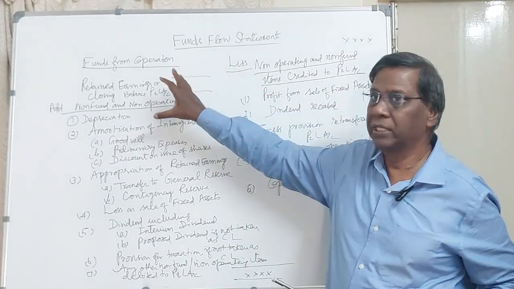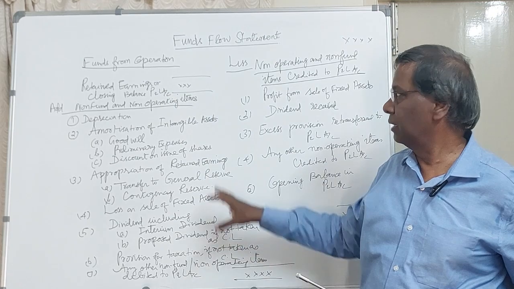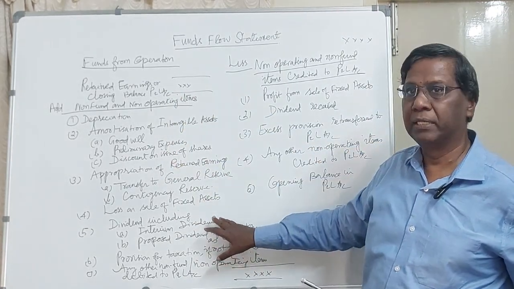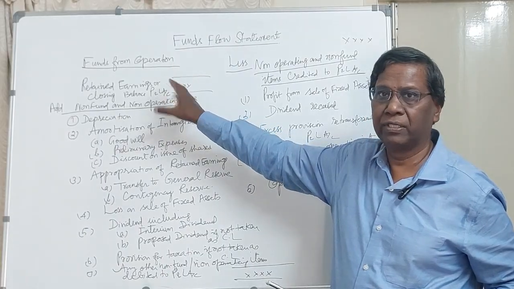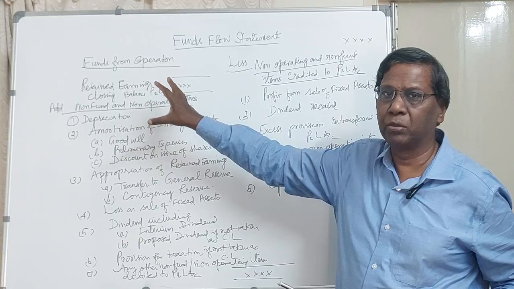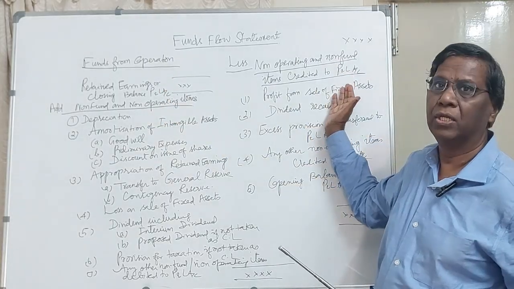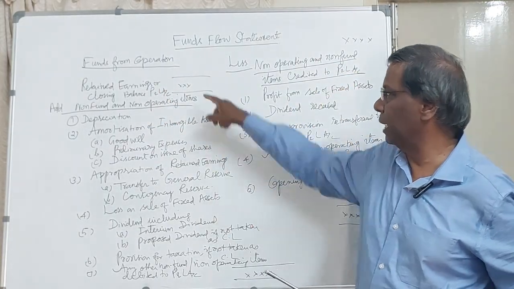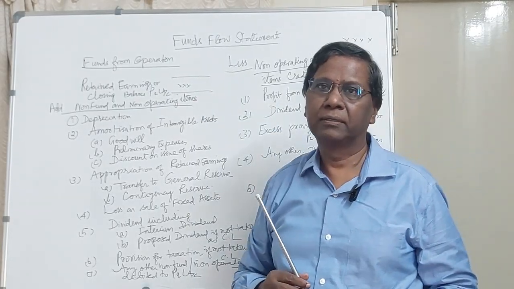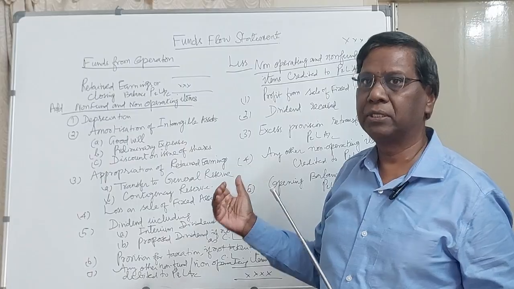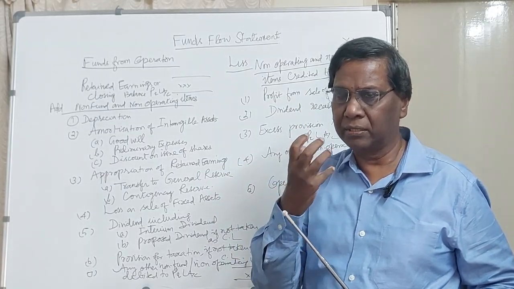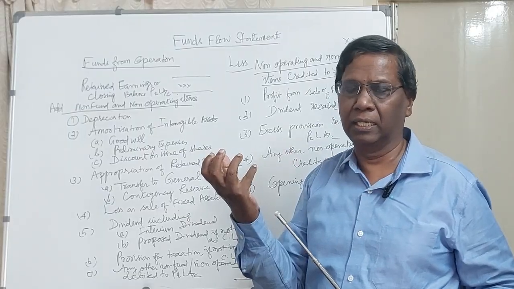So let us say 10,000 net profit, funds from operations, 2,000 dividend paid. So 12,000 is the total funds from long-term source. Then how much are you paying? 2,000 dividend, so it is a use of funds. That is why you are adding back the dividend. Got the point? Dividend you are adding back because net profit is a long-term source. It is not a short-term source like current assets, current liabilities.